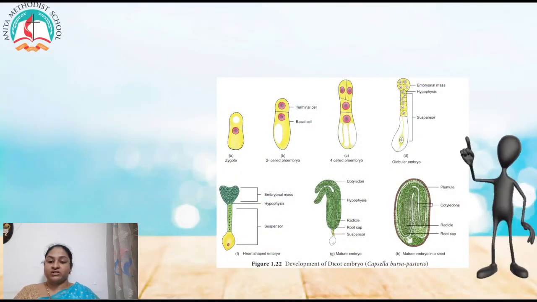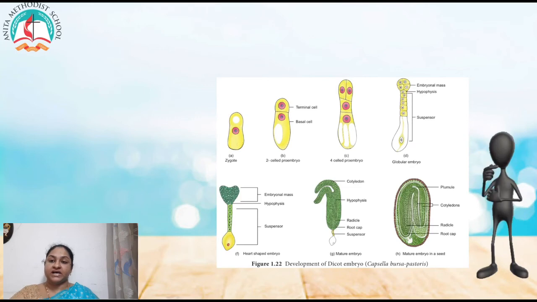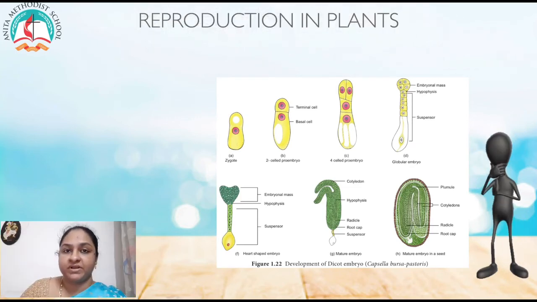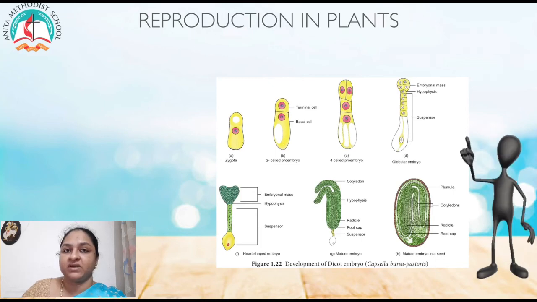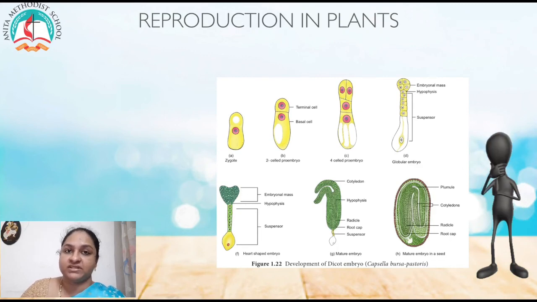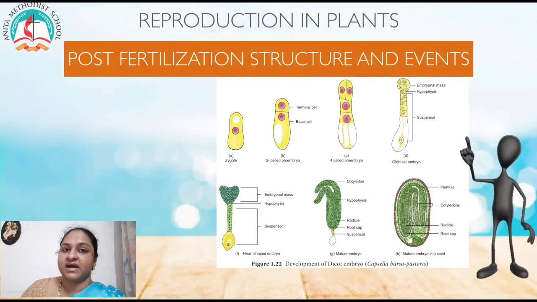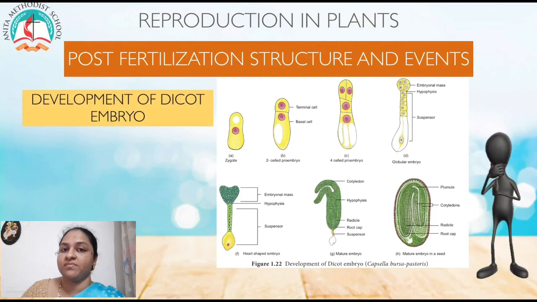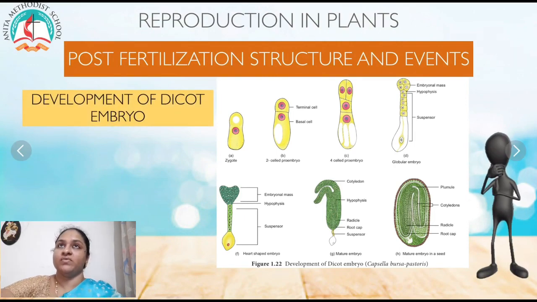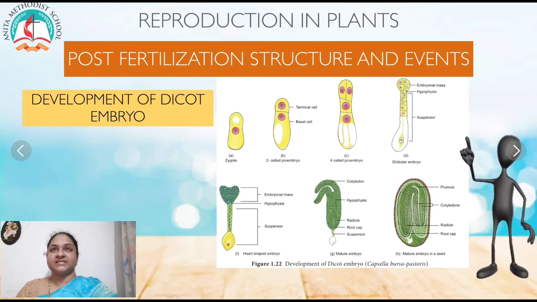We then move on to the development of the dicot embryo. The embryo develops at the micropylar end of the embryo sac, as you see in the picture. The zygote undergoes transverse division to form an upper or terminal cell and a lower or basal cell.